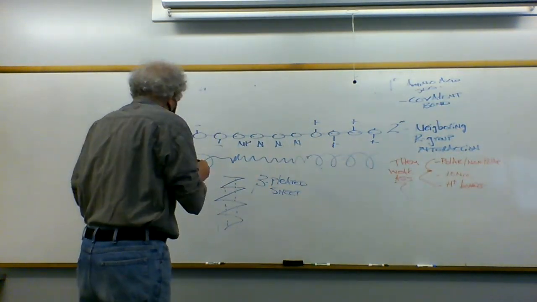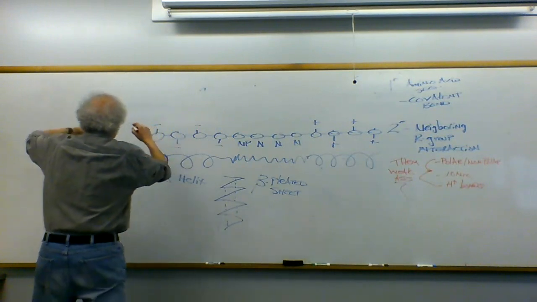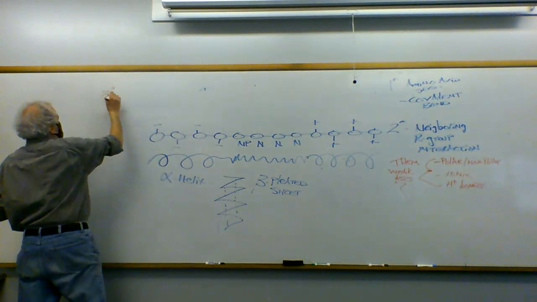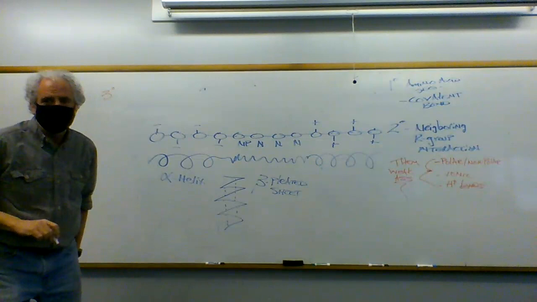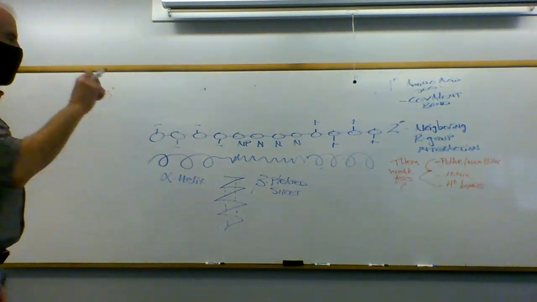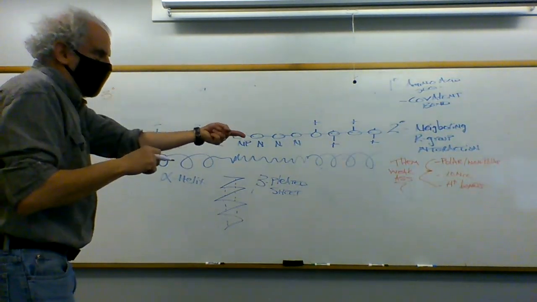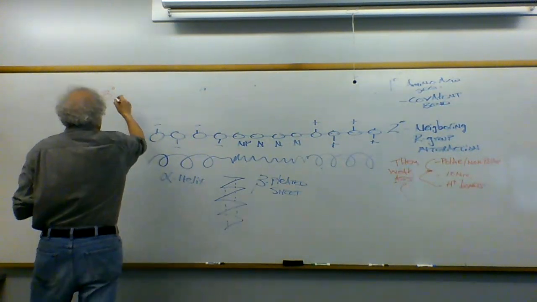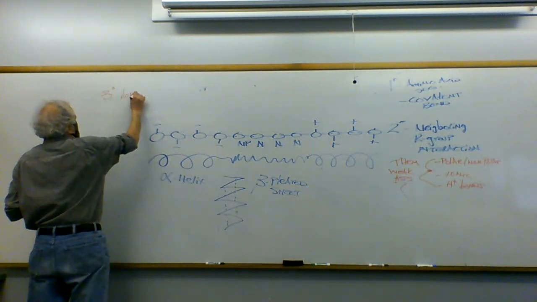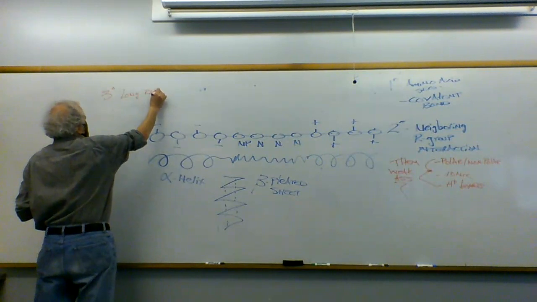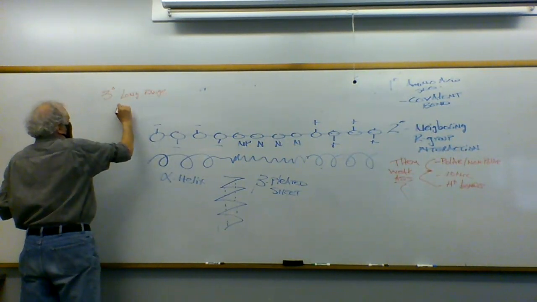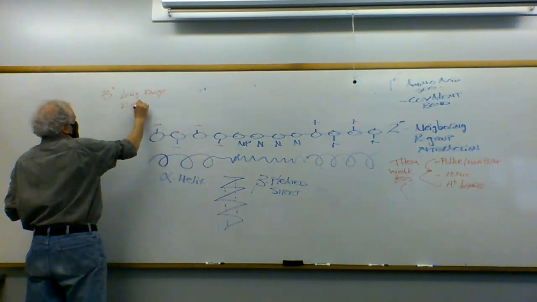Now, let's finish up here with the tertiary structure. The tertiary structure is defined as not neighboring R group interactions, but non-neighboring. Let's just say long-range R group interactions.